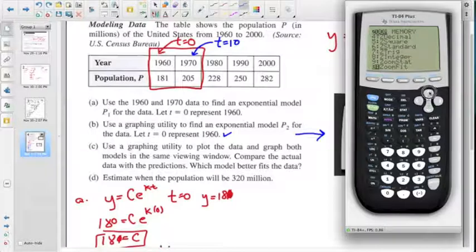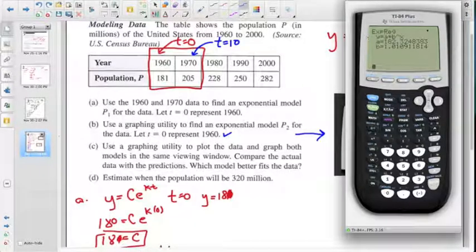There we go. And so there's the values that we plugged into our lists. We want to then do a regression on that. As we're looking at the different regressions here, we have a whole bunch of different ones. There's our exponential regression. As we enter, we're just going to have lists 1 and 2, which is our default.